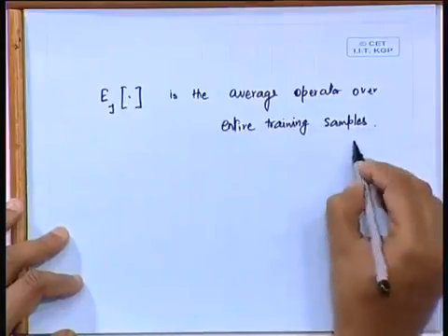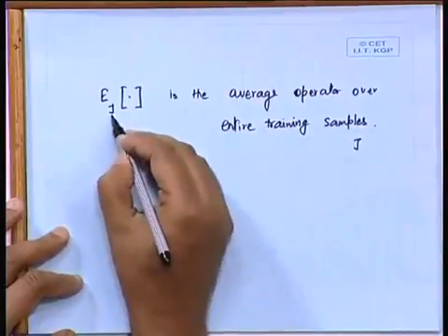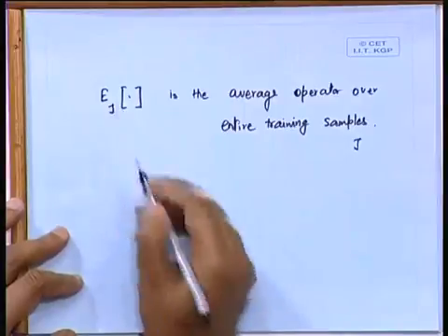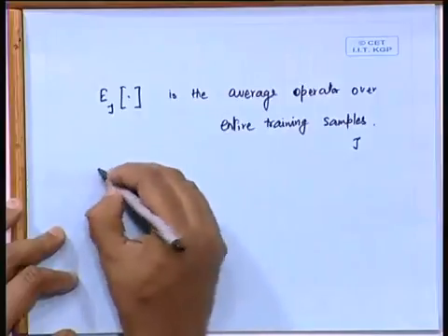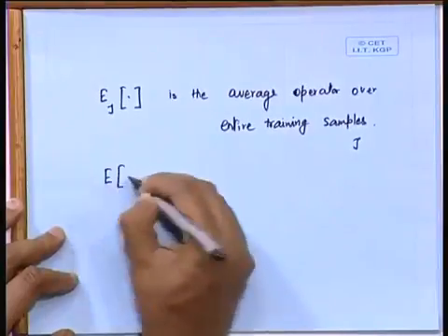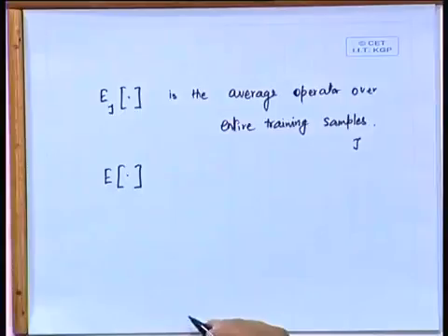The training sample is T, and that is why we have given E suffix T, and writing this as E suffix T is different from writing the E operator directly.